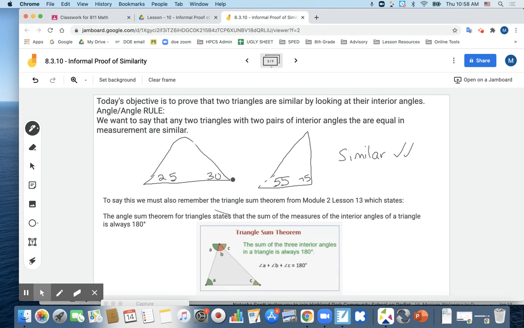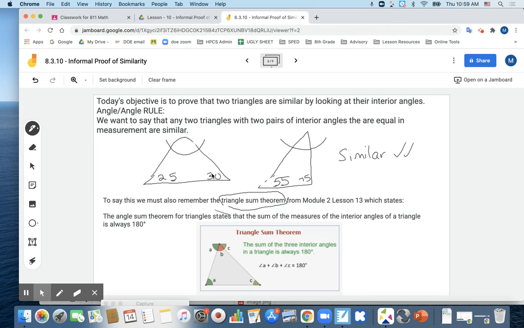If the two angles that they give you are different, check for the third to see if they have two angles that are the same. The way you do that is to use the triangle sum theorem that we learned in Module 2, Lesson 13, which states that all the interior angles add up to 180.